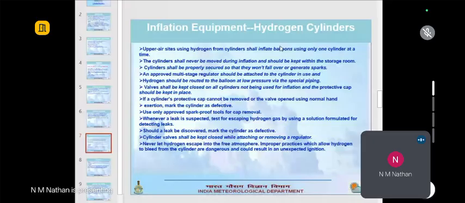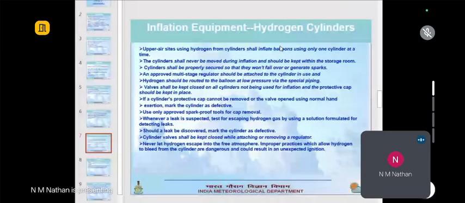So if you see the cylinder regulator, first you have to attach the regulator to the cylinder, then take a proper hose pipe from that regulator, and a pressure gauge will be there to monitor how much pressure is in the cylinder. Then you have to slowly release the gas to the balloon.